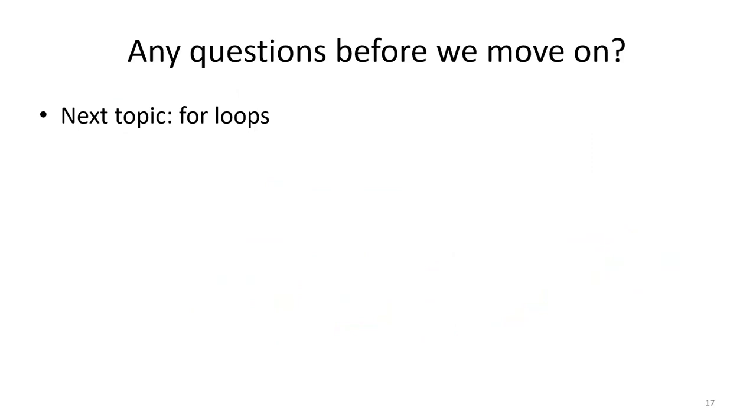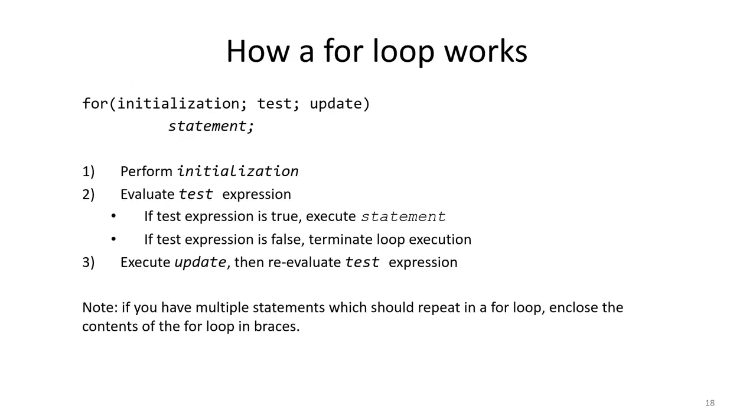Okay, next, let's go ahead and move on to for loops. For loops are extremely common, and we'll see later when we cover things like arrays, for loops are incredibly useful in C++. So here's how a for loop works.